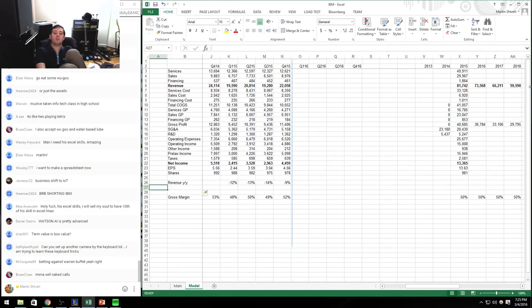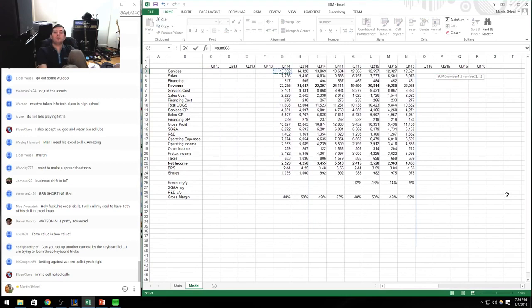Let's see by how much. SG&A year over year, R&D year over year. As we know, we take new divided by old, new divided by old minus 1. You can see their costs dropped. They didn't cut much in R&D. They cut some in SG&A. Let's see how much their revenue fell. It's obviously a dangerous thing.